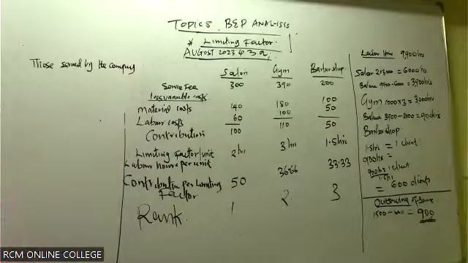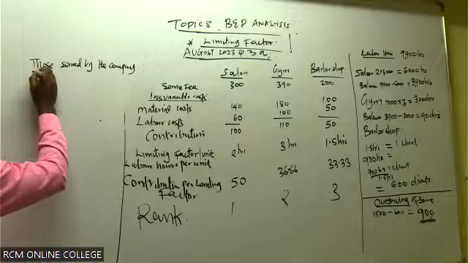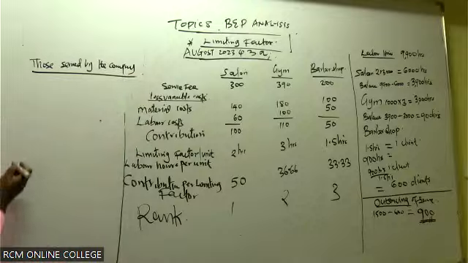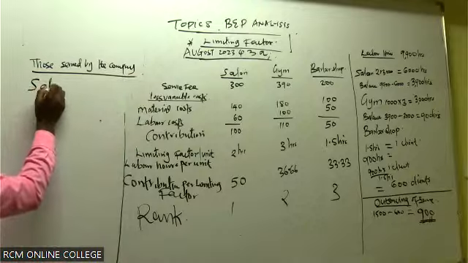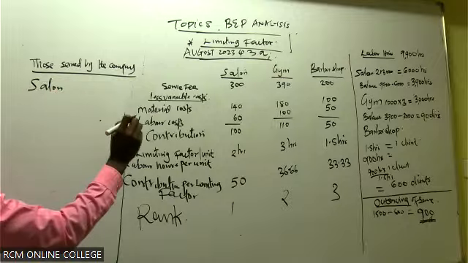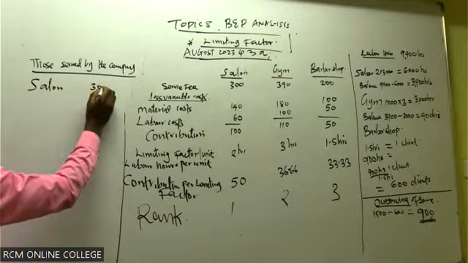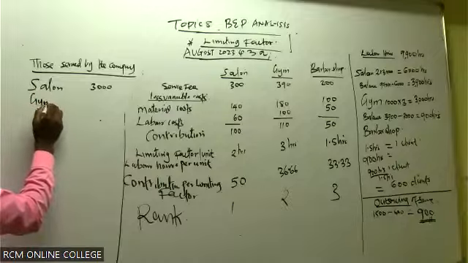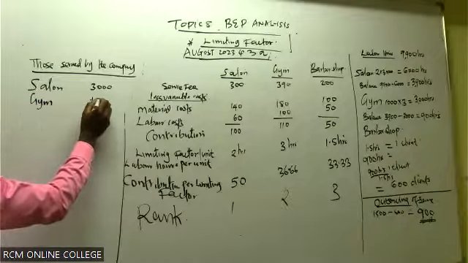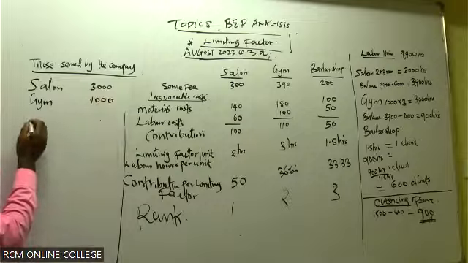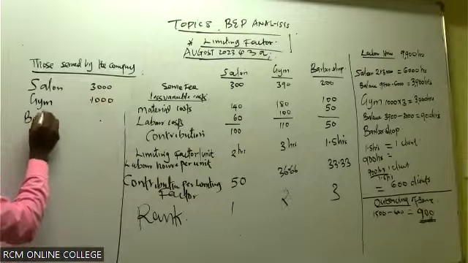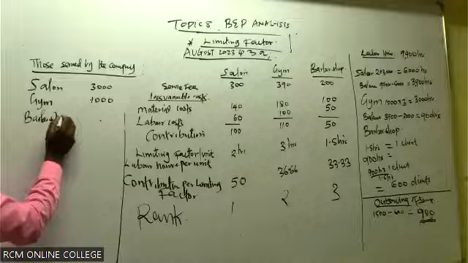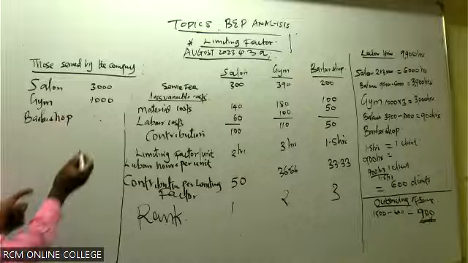Those served by the company, we are going to have in the salon, they are going to serve all of them, 3,000. In the gym, they are going to serve all of them, 1,000. In the barber shop, they are going to serve how many clients? 600.